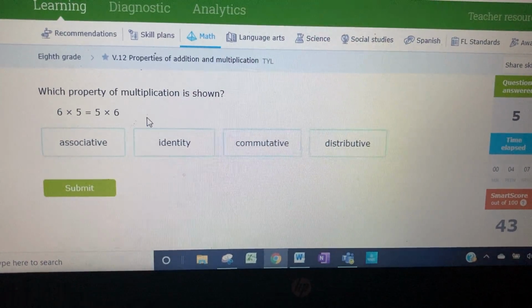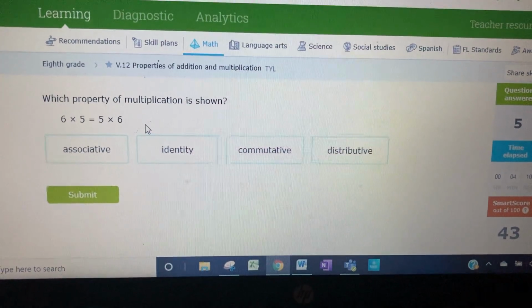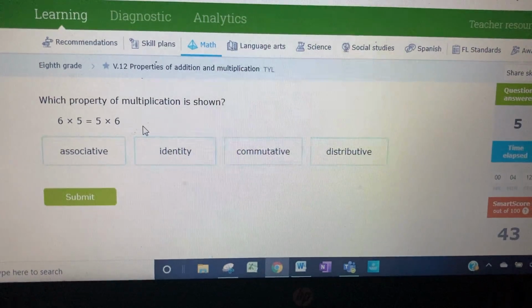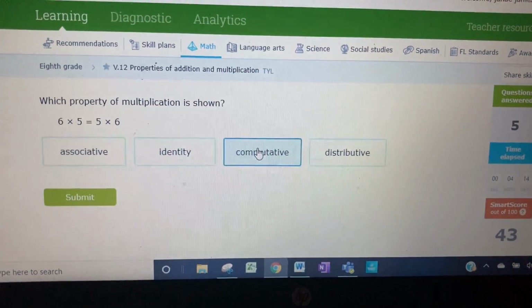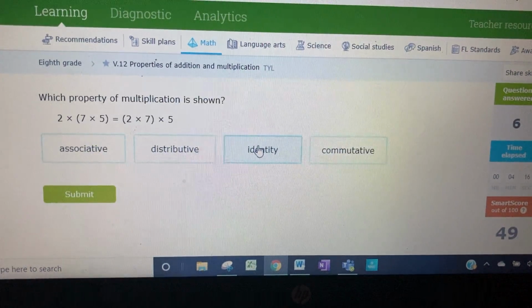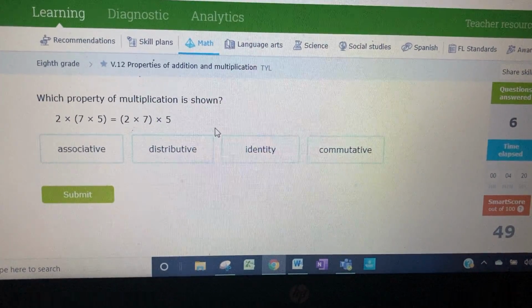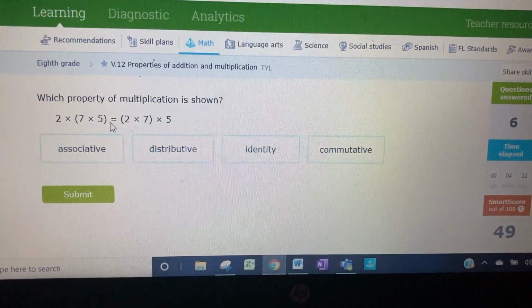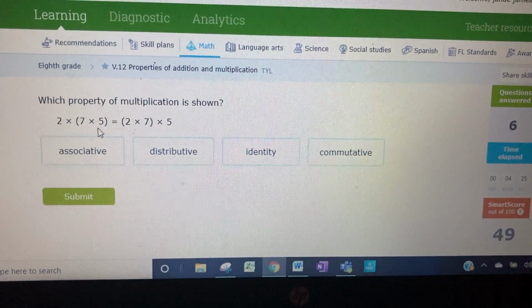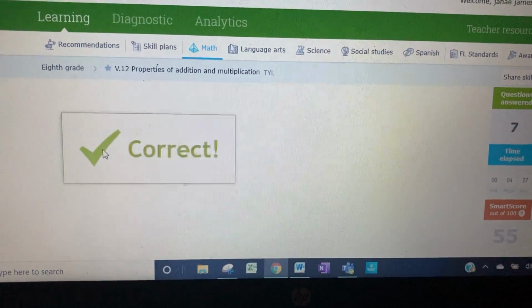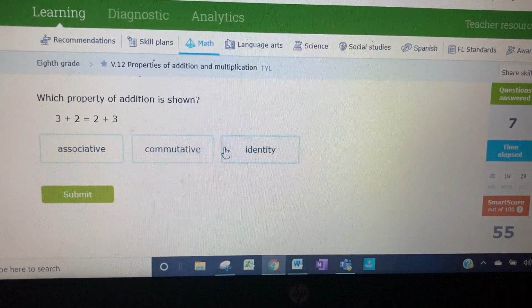I'm just going to go until I get to an identity one, just so I can show you that real quick. So this is commutative. This is associative because they've switched the order. All the numbers are the same, though. All the signs are the same, multiplication. Commutative.